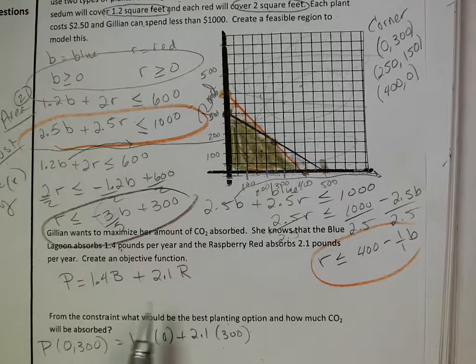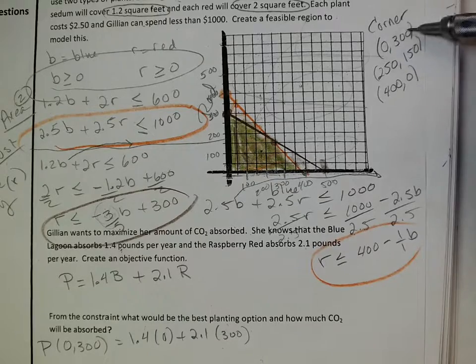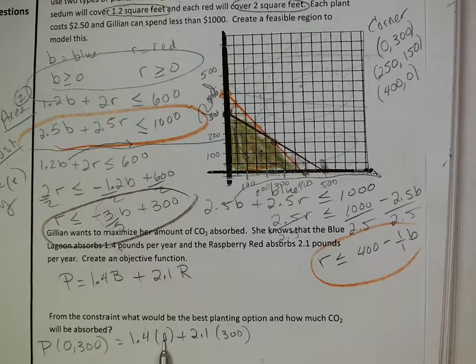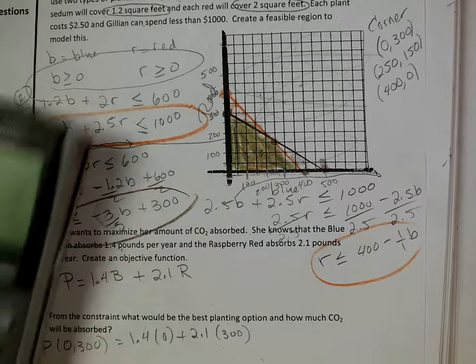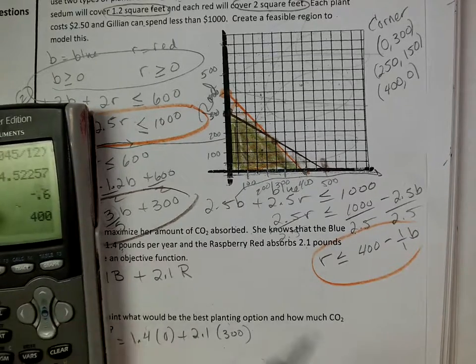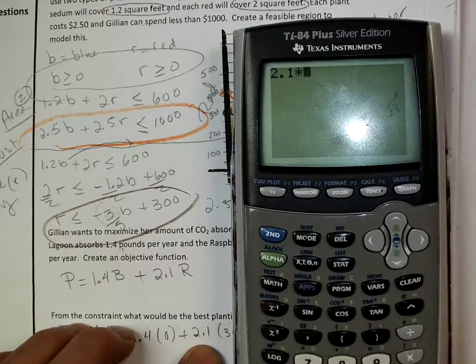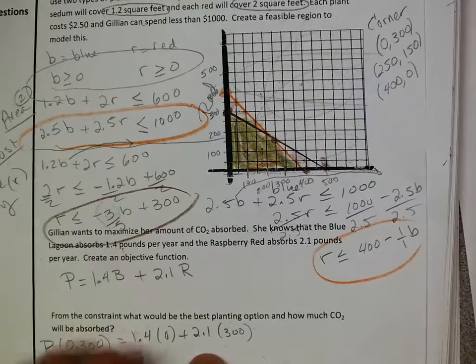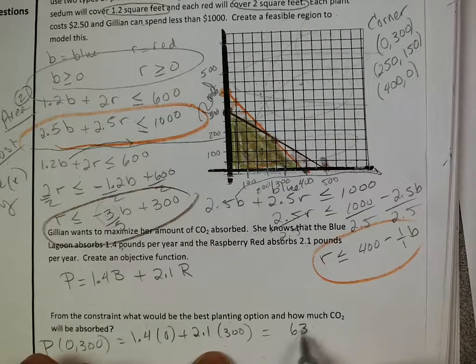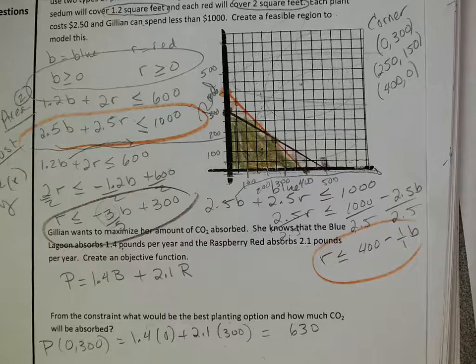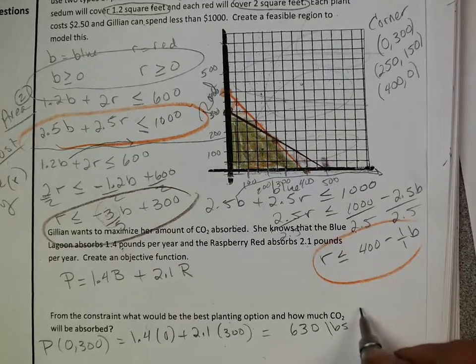I took my objective function, I looked at all of my corners, and I said, okay, let's figure it out. I'm going to use my calculator. 2.1 times 300, and I get 630. 630 pounds of carbon, okay?